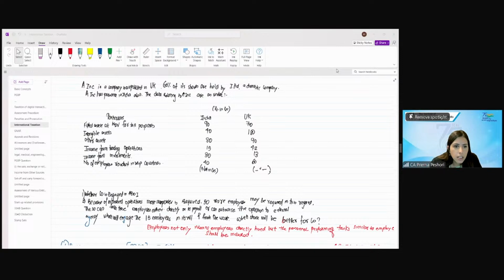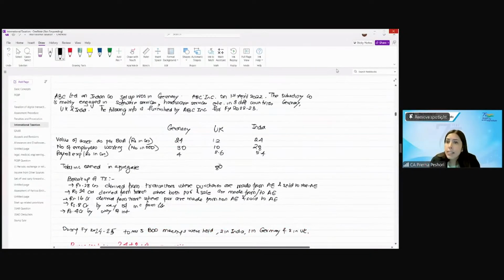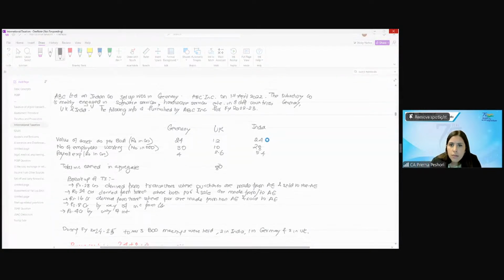One second, I think it says stop. So ABC Limited, an Indian company set up in Germany. One second, now there's some problem with this app.